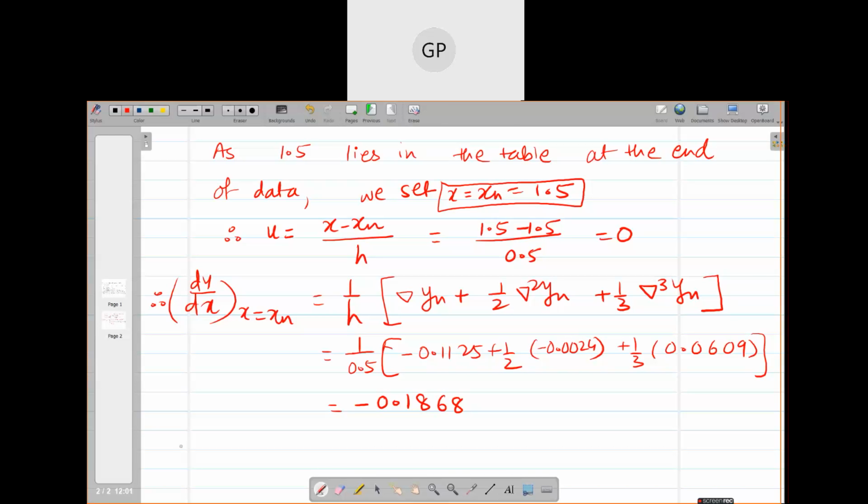Finished writing? Now we want the second derivative. What is the second derivative formula? d2y upon dx square again at x equal to xn, or here you can specify. What is your x value now? 1.5. So you can write down the 1.5 value at the bottom.